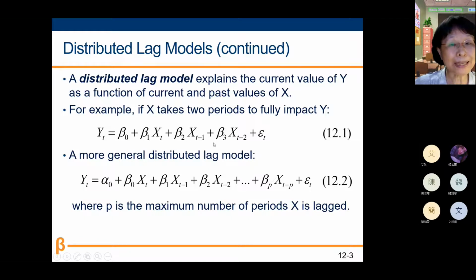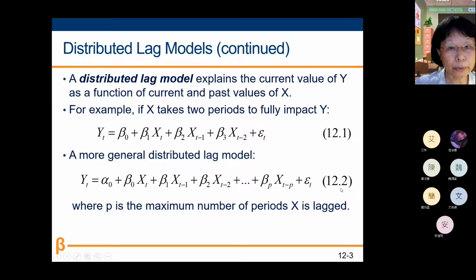We can extend it to many lags, which is a more general distributed lag model, as in equation 12.2. Instead of t minus 2, we can extend it to t minus p, where p is the maximum number of periods x is lagged. If I have 10 lags, p equals 10.